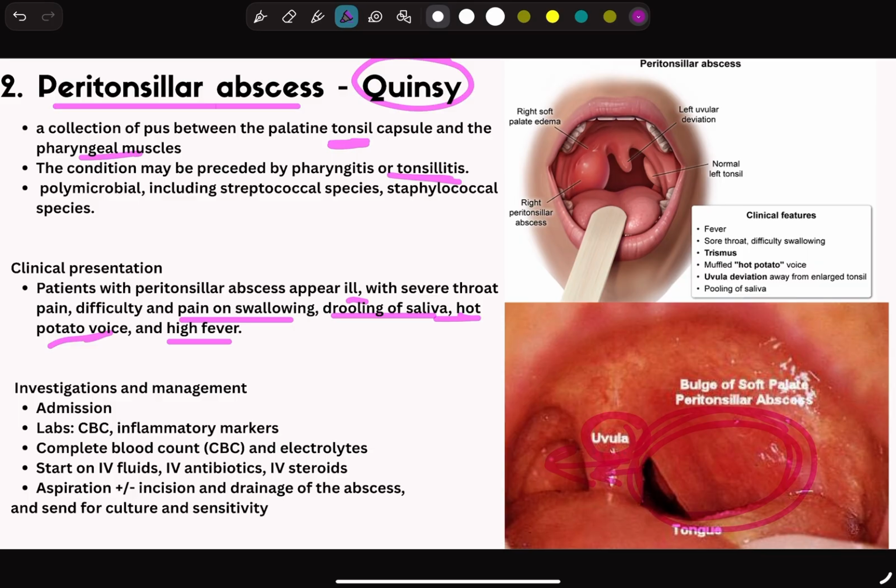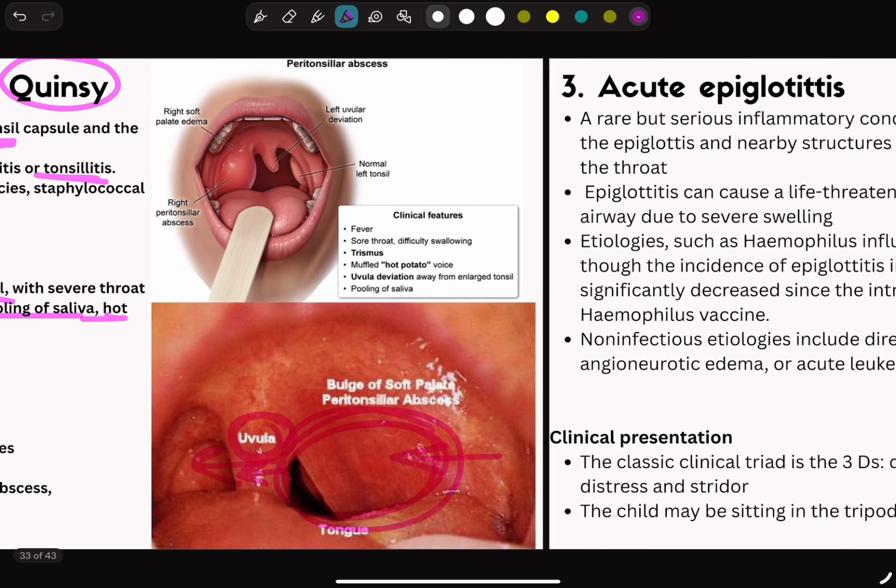So patient needs to be admitted, start on IV antibiotics, steroids, IV fluids, and we need to actually aspirate and drain the collection that's inside. And we send it for culture and sensitivity in order to adjust the antibiotics according to that.